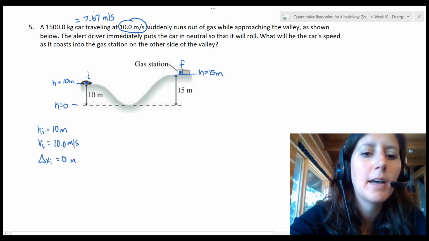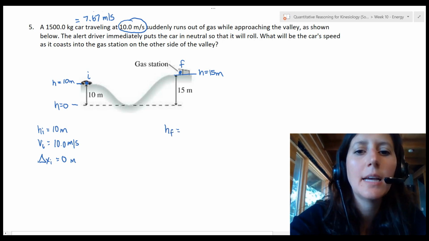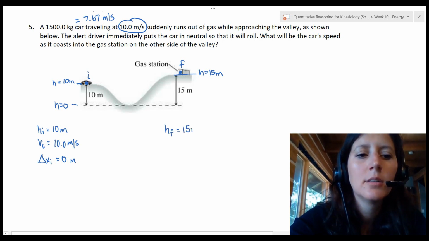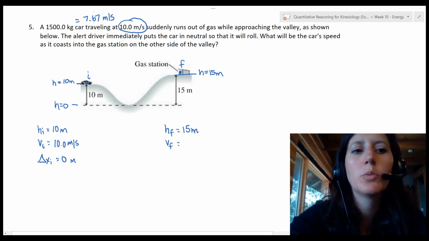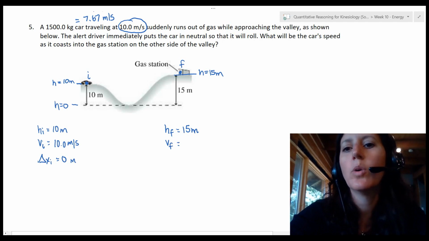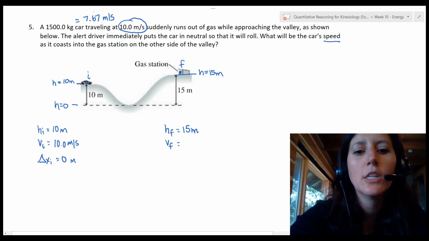Okay, let's move on to the final position. Our final height is up here at 15 meters. Our final velocity is what the question is looking for. What will be the car's speed as it coasts into the gas station? So we're looking for that value there.